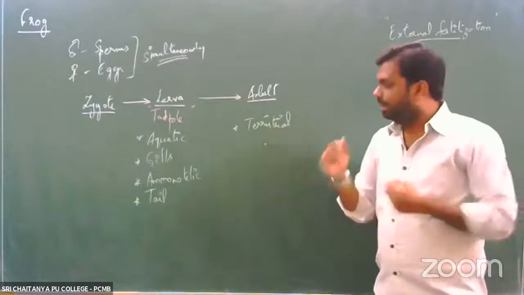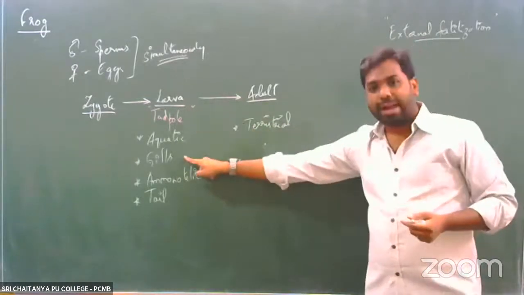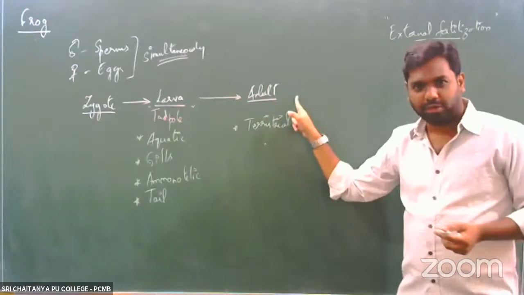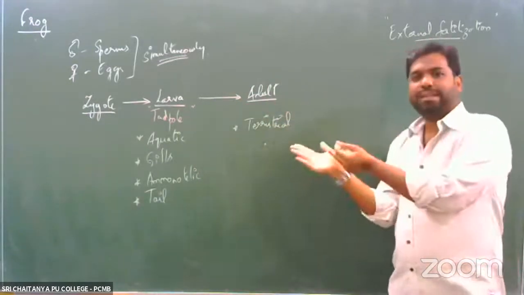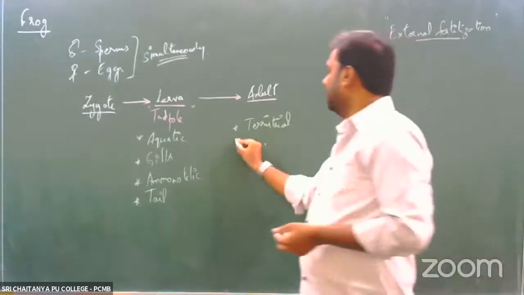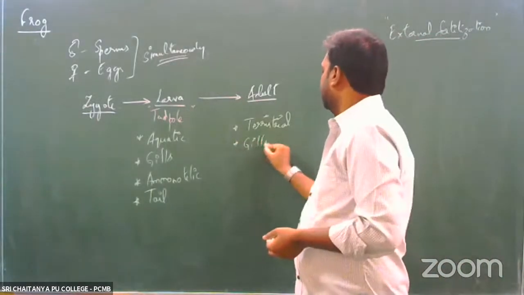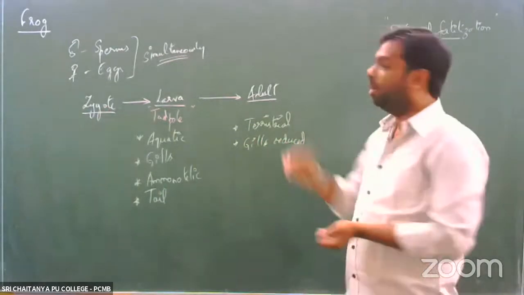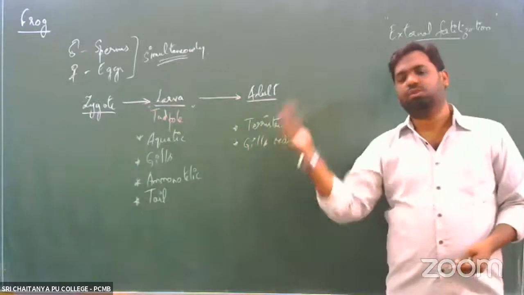The second one: the larva, which was aquatic, respired with the help of gills. But in the adult organisms, since they moved on to the land, the gills will become non-functional and highly reduced. Now, if gills are reduced, how would they respire? We have already seen this.